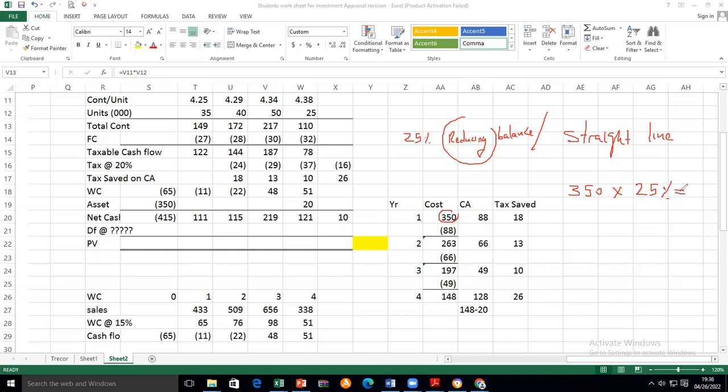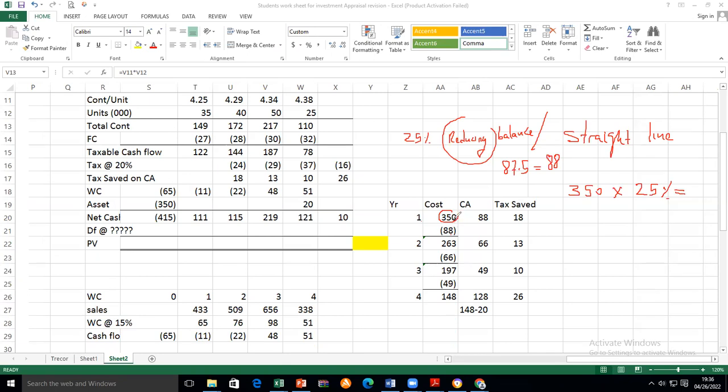What are we getting? 87.5. Yes, 87.5. So you round it off, fine. So that's the capital allowance that will be given.